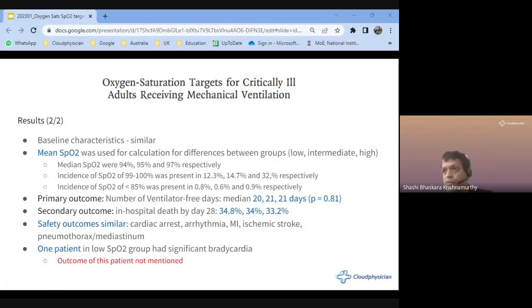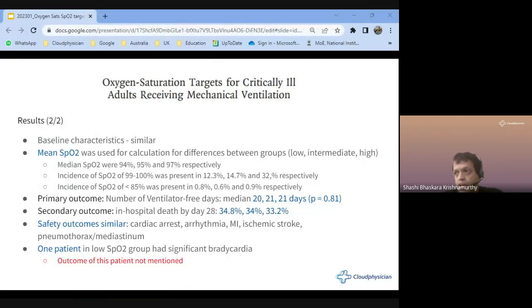The next few slides go through the actual results, where the baseline characteristics were quite similar. The mean was used. We know that the mean brings in more accuracy to the central tendency of what the saturations were, but the medians were 94, 95, and 97% respectively. There were some problems with the saturations which were either very low or very high in these groups.